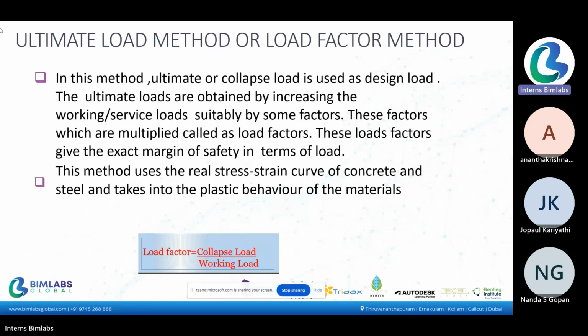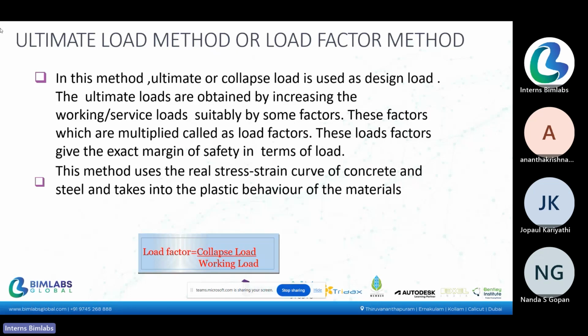So I shall repeat it once more. Basically, in this method, the ultimate or collapse load is used as the design load. The ultimate loads are obtained by increasing the working or service loads suitably by some factors. These factors which are multiplied are called load factors, which give the exact margin of safety in terms of load.